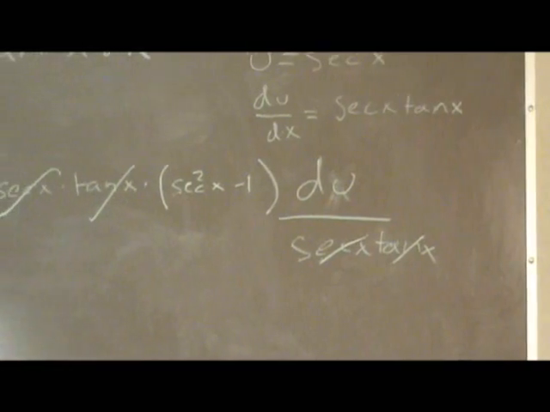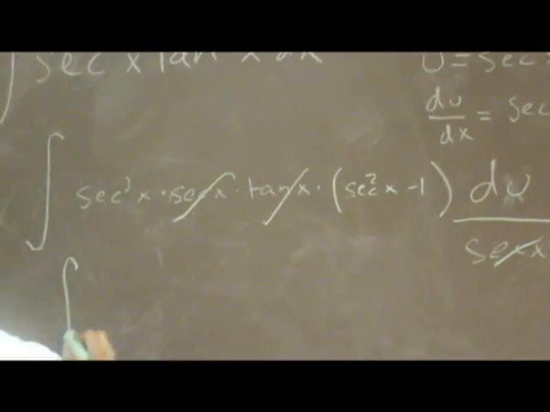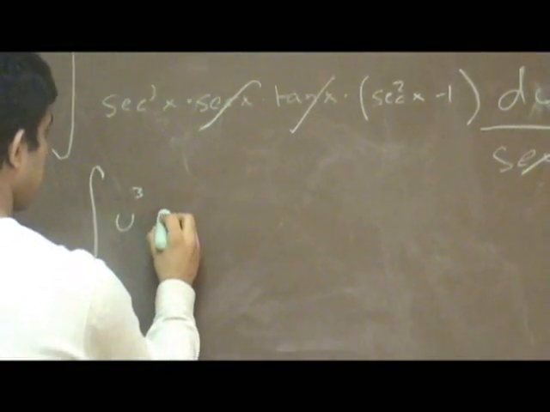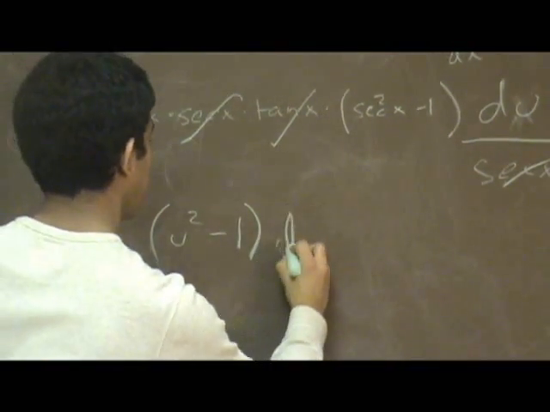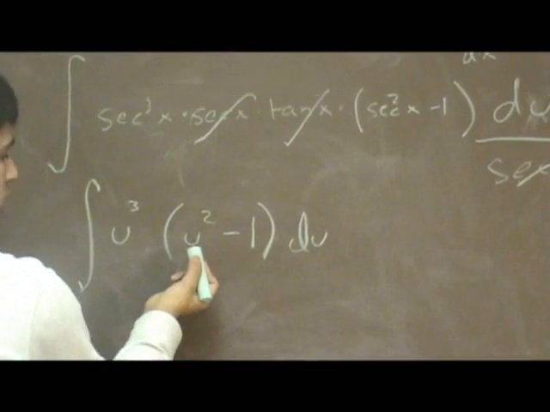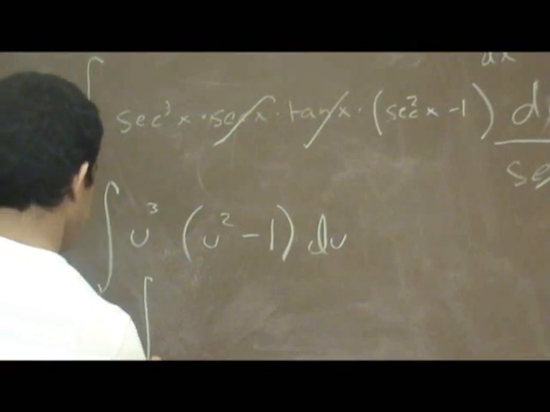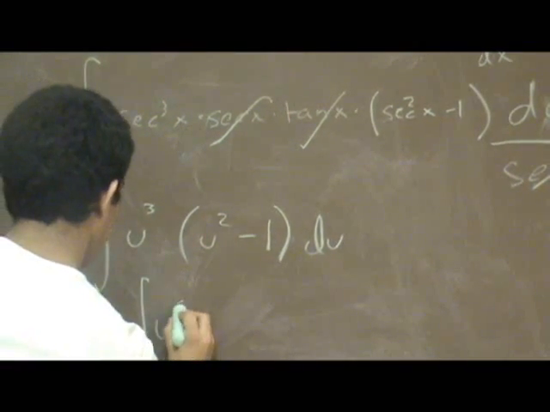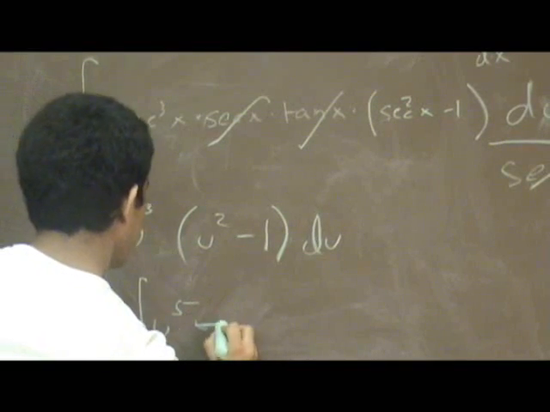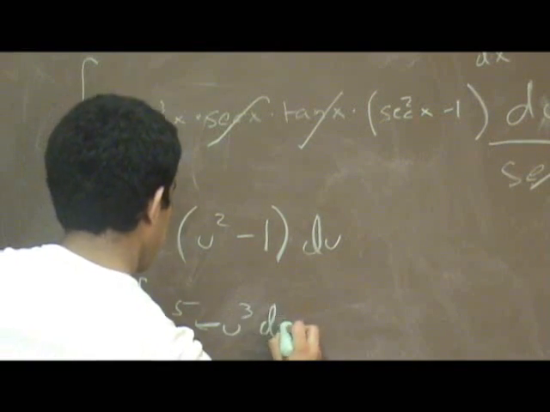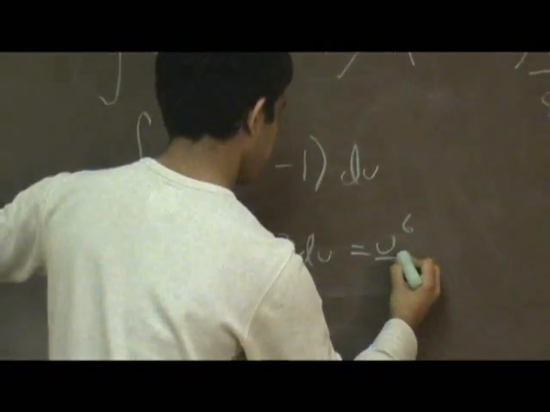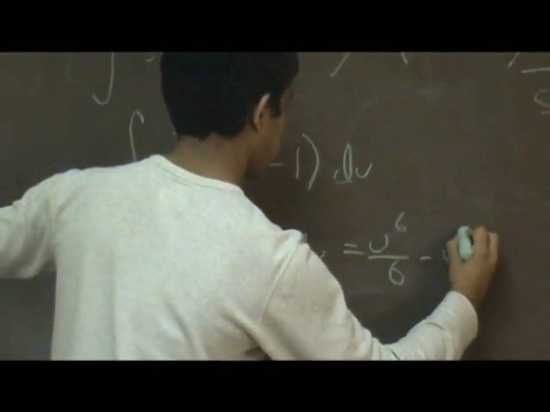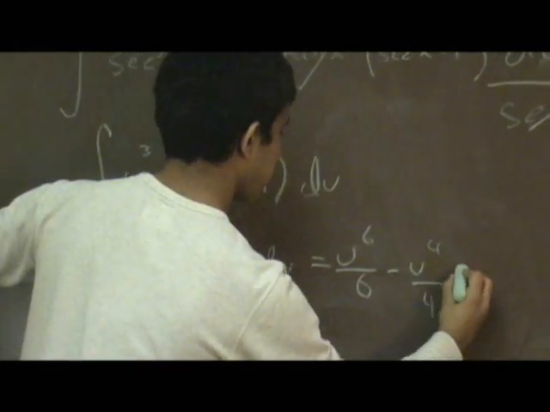So when we go to rewrite this, we have the integral of u to the third times u squared minus 1 du. And this is just clearly a power function, so this becomes the integral of u to the fifth minus u to the third du. And the antiderivative of this is u to the sixth over 6 minus u to the fourth over 4 plus c.